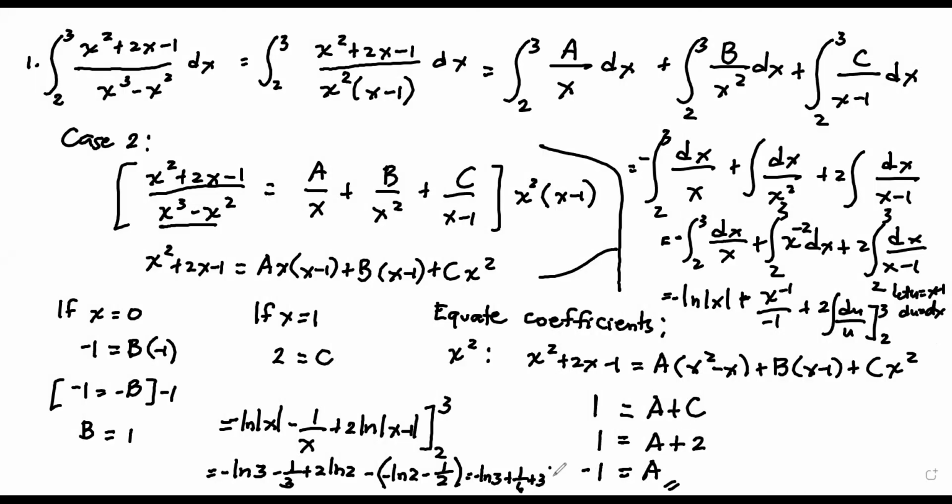Negative ln 3 plus 1/6 plus 3 ln 2. That is the answer. If you want to get the approximate value, just type in your answer in your calculator. Okay?